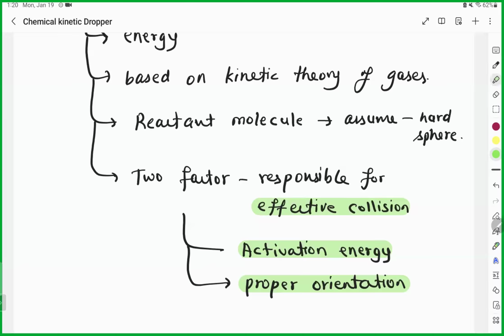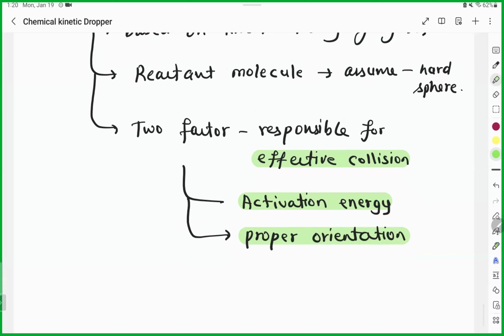For example, you were supposed to shake hands with the next person, but you are shaking your leg. It is bad behavior and nobody will consider this, right? So proper orientation is extremely important, and activation energy. These are the two important factors that will decide whether a collision will be effective or not.